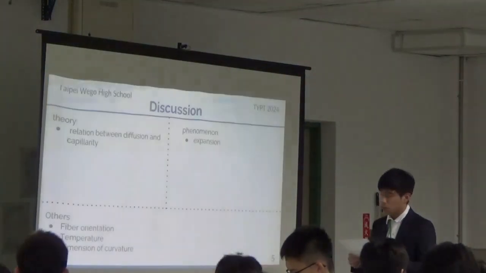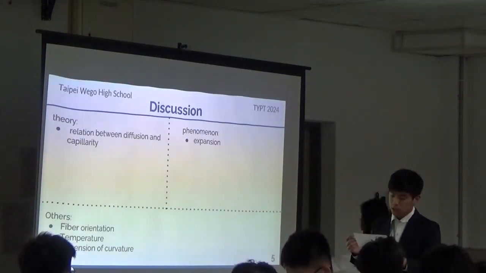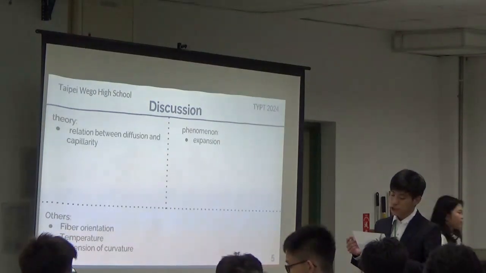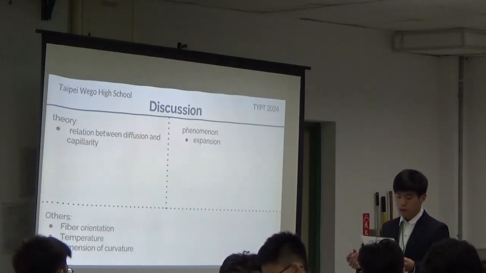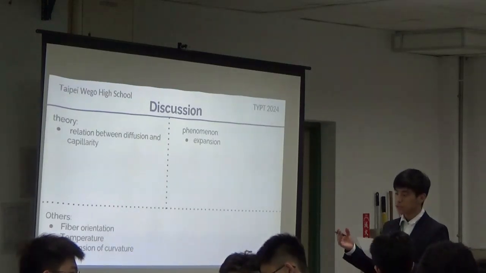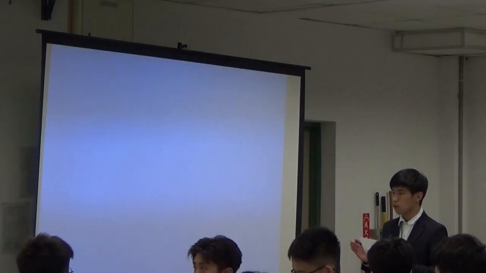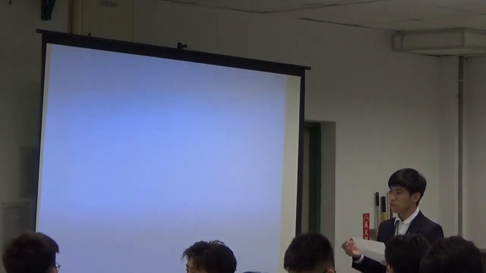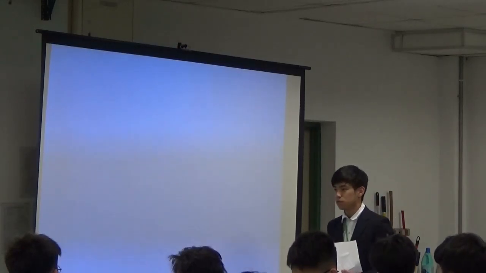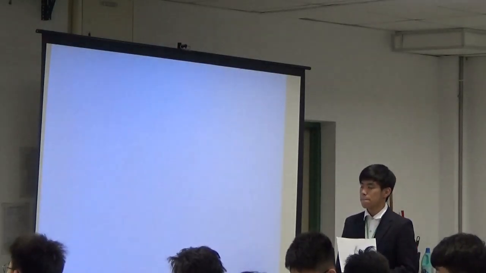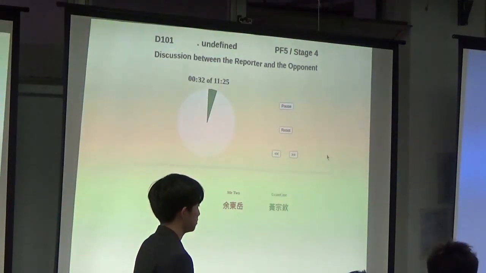So first, as I just asked you, you mentioned that the expansion of the two layers is the same. Yes. However, in the later statements, you said that the curling was caused by different expansion. So doesn't it contradict between your statements? Because the lower layer will absorb the water, but the upper layer won't.